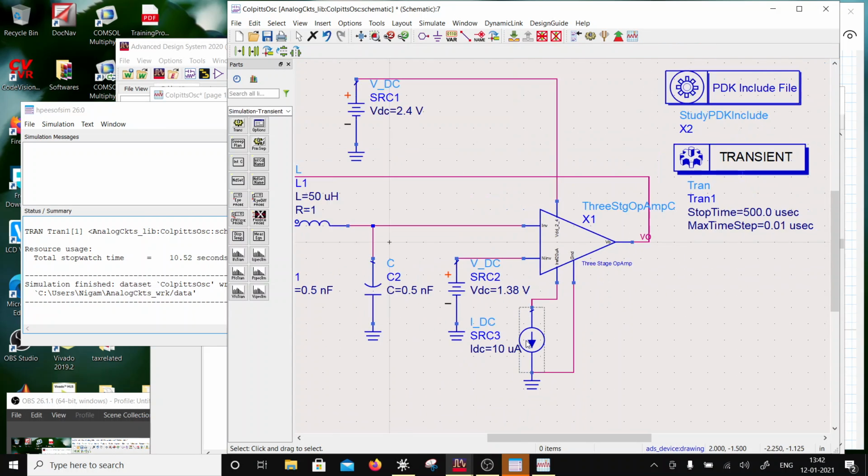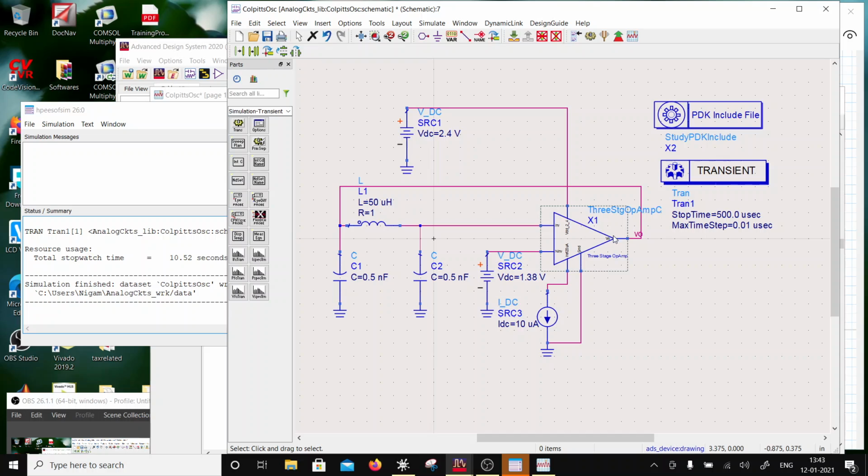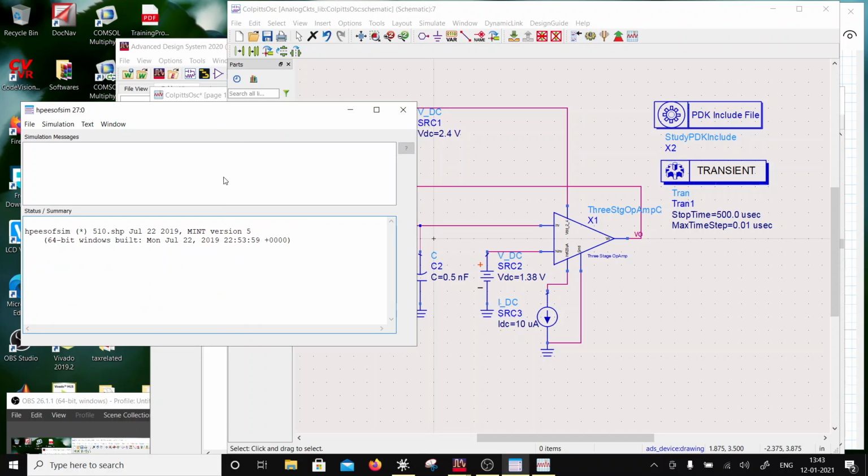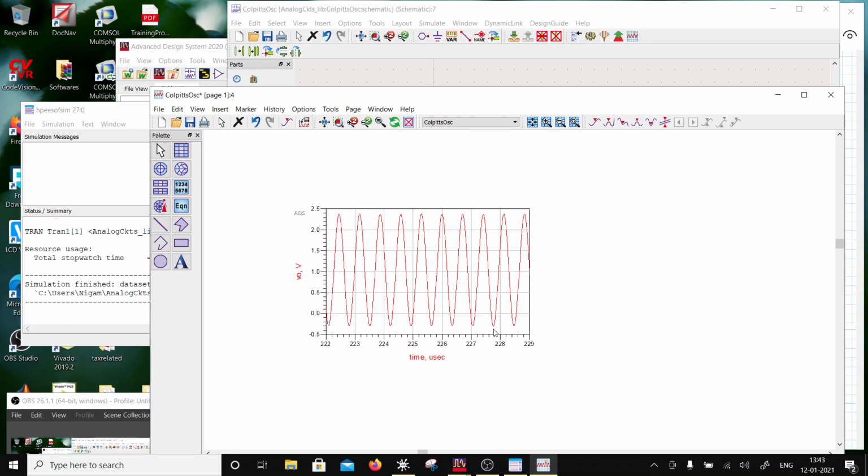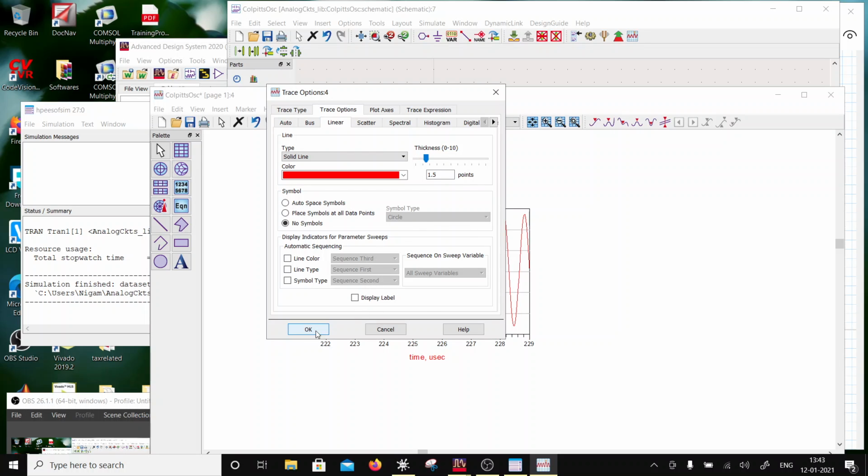Okay, so what I realized is, okay, I'm going to replace this 2-stage with a 3-stage, and there is a current limiting somewhere. So that's why I wanted to put an output stage as a source follower, and then hit the simulate again. And there your sine wave, right? So that's a Colpitts oscillator doing it for you, oscillations.